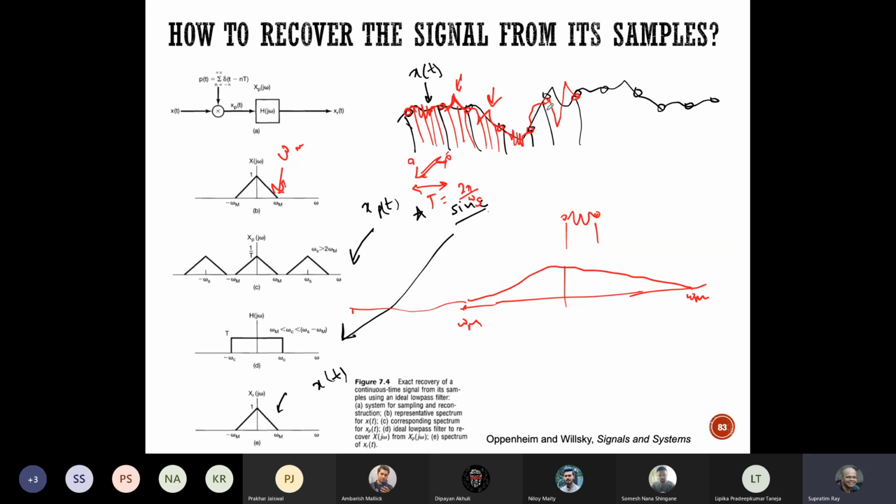And actually, you gain nothing by sampling faster. If you say I'm going to sample very finely, I can do that, but it's of no use, because you could have sampled more slowly and still recovered the signal. Once you are beyond the Nyquist rate, you don't need to sample any faster.